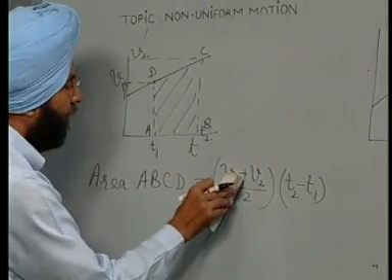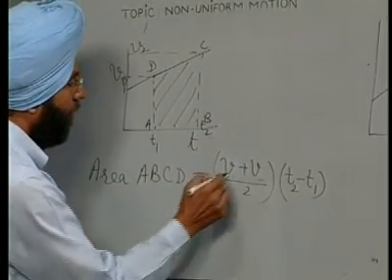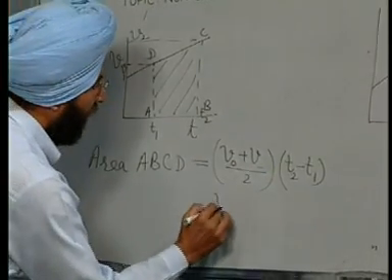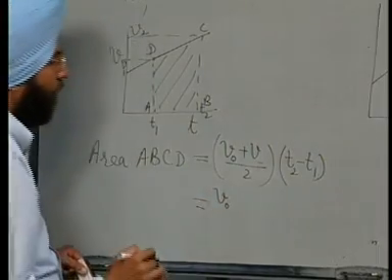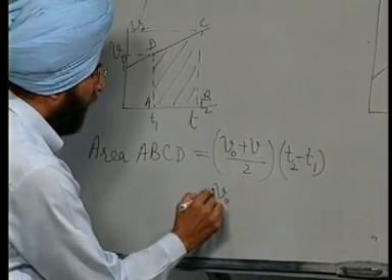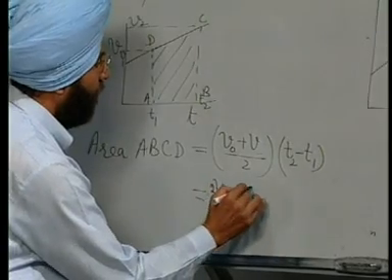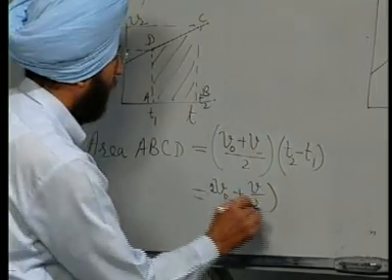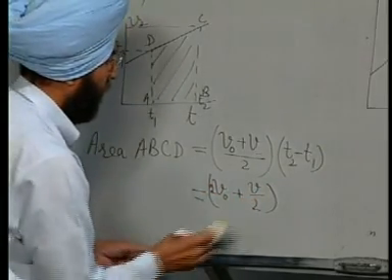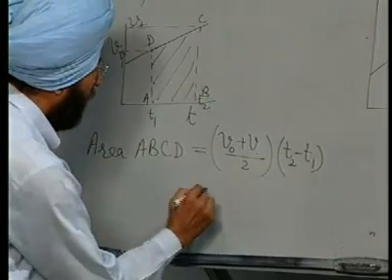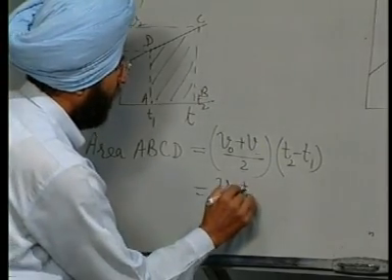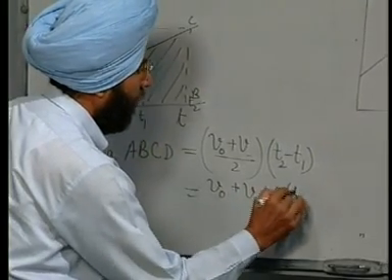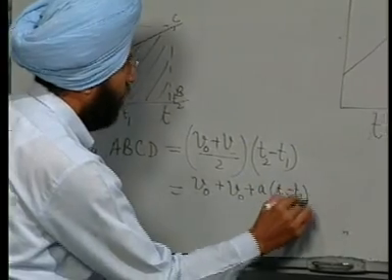Now, if we take V1 as V naught and V2 as V, we can write this as V naught plus V naught plus A (T2 minus T1) over 2, into T2 minus T1.